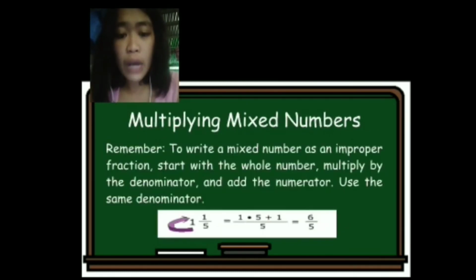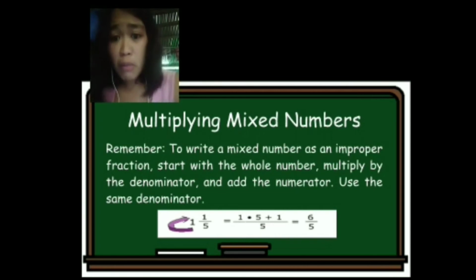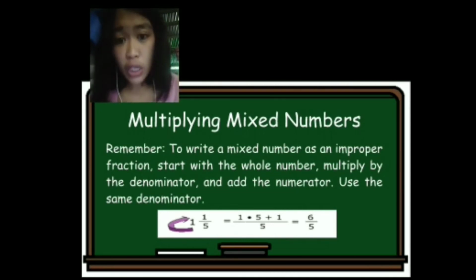Now we have multiplying mixed numbers. We are done with the proper and improper fractions, so let's move on. Remember that to write a mixed number as an improper fraction, you start with the whole number, multiply by the denominator, then add the numerator and use the same denominator.